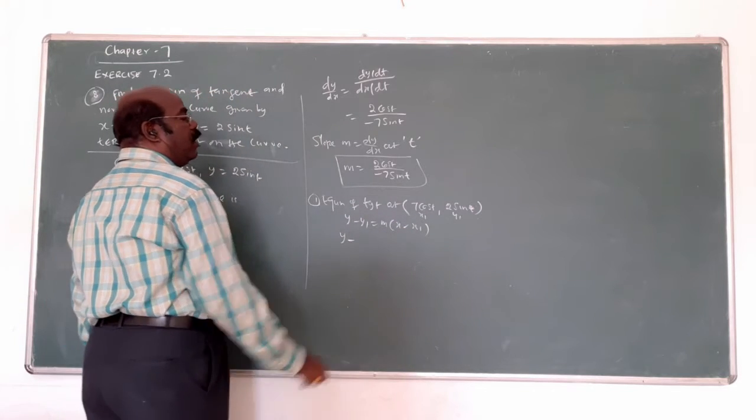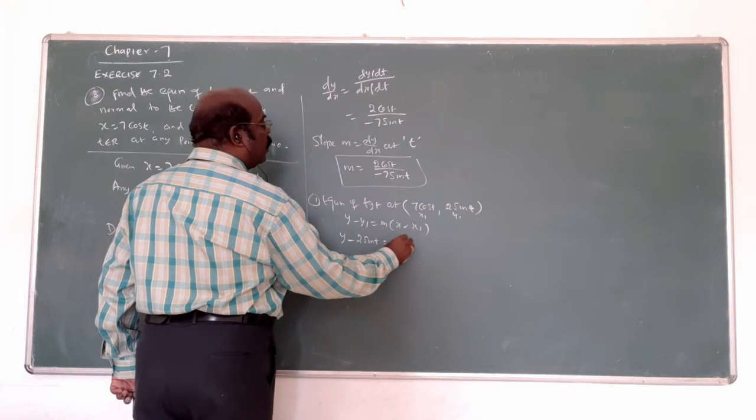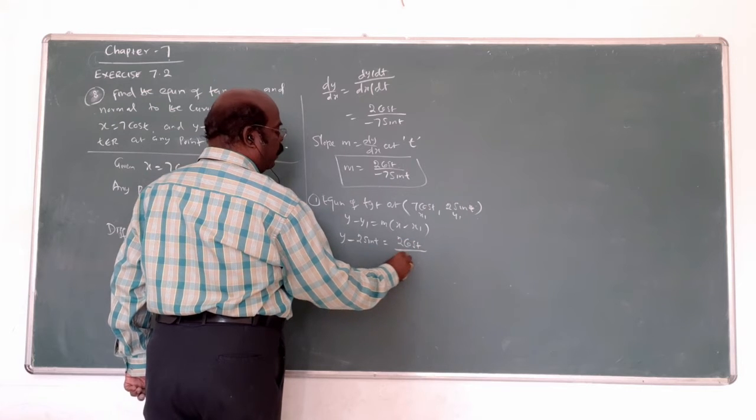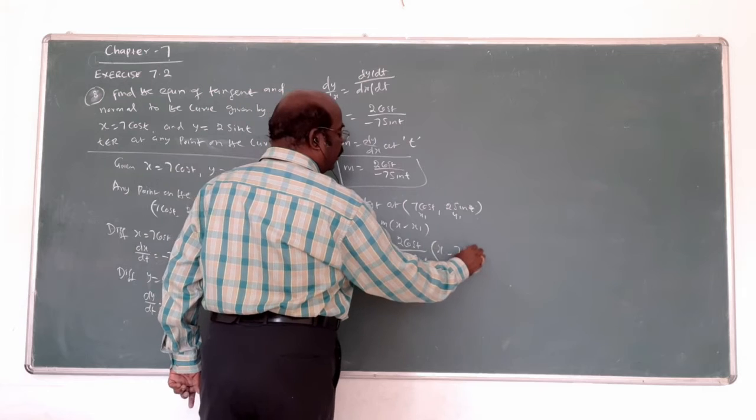y minus y1, where y1 is 2 sin t. m is 2 cos t divided by minus 7 sin t, into x minus 7 cos t.